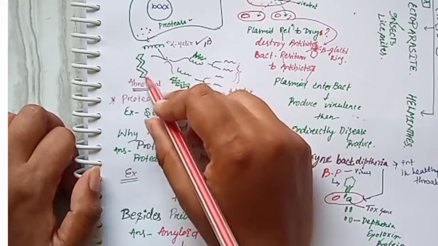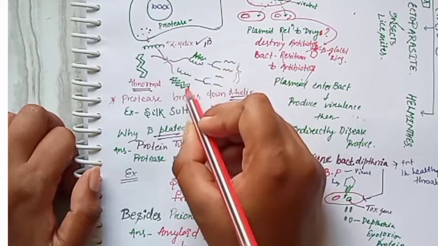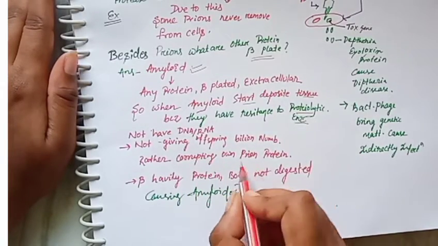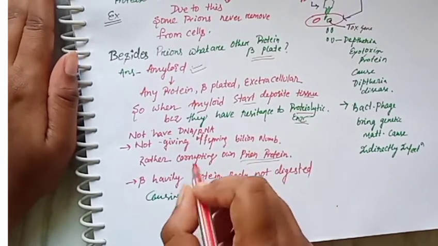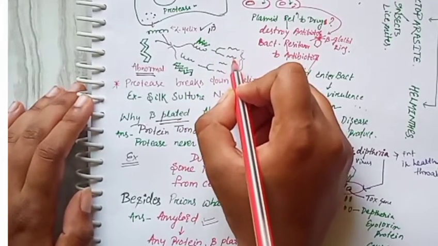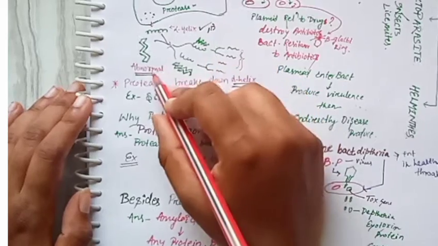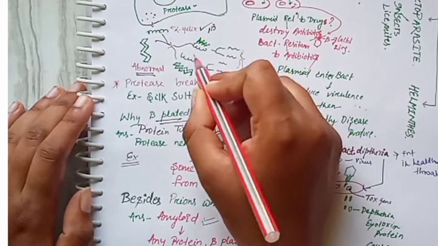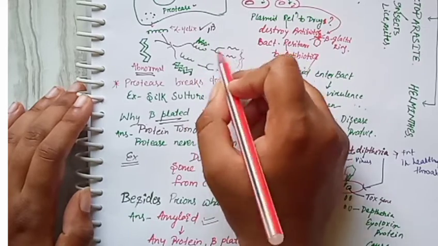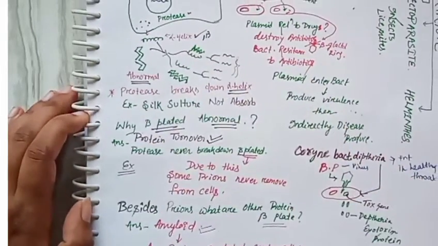So here you can see the beta pleated and alpha chain mix and undergo abnormal forms of the prion related protein, meaning they corrupt the alpha helix and corrupted proteins are synthesized. That's why they are abnormal proteins, and abnormal protein when mixed with the normal alpha helix protein becomes abnormal. In that way they increase their size and their number.